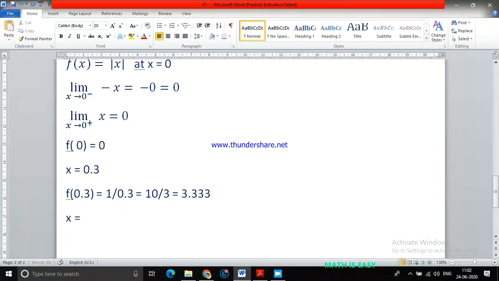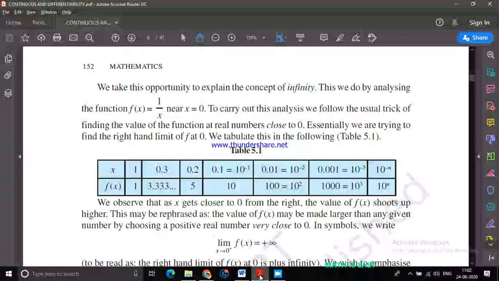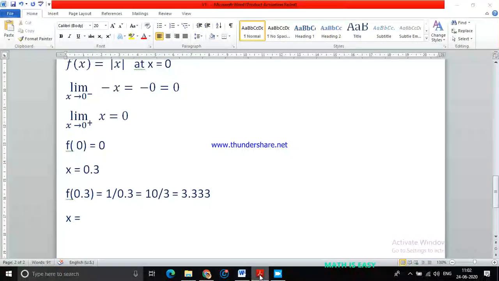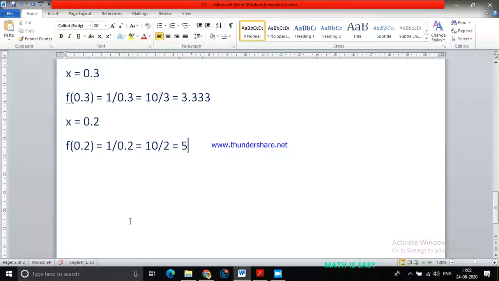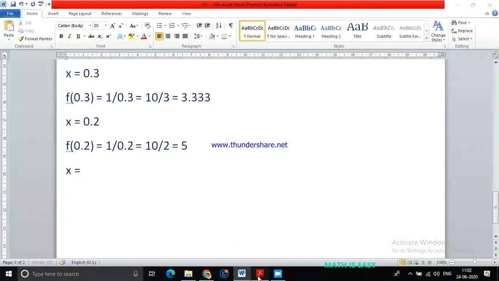Now the next x value they have taken is 0.2. If x is 0.2, then f of 0.2 is going to be 1 upon 0.2, which is 10 by 2, which equals 5. The next x value they consider is 0.1.